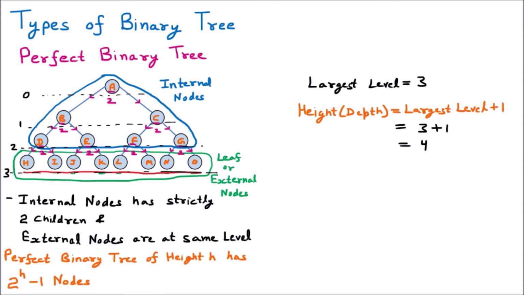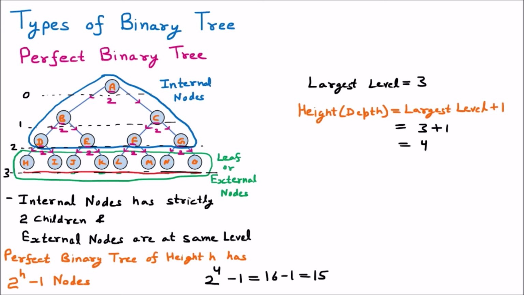Now the formula of a perfect binary tree is that a perfect binary tree of height H has 2 raised to power H minus 1 nodes. So here it is 2 raised to power H, where H is 4, minus 1. That is 16 minus 1, which is equal to 15. So the perfect binary tree can have 15 nodes.